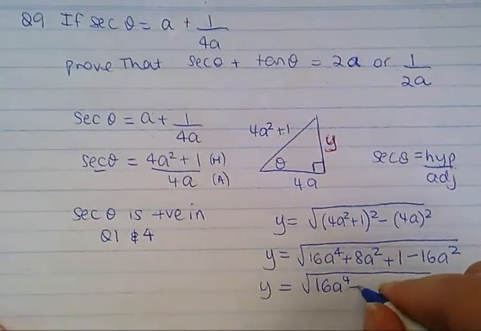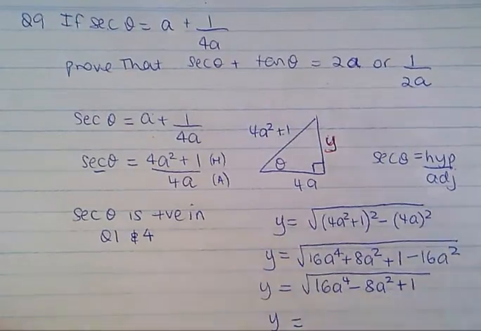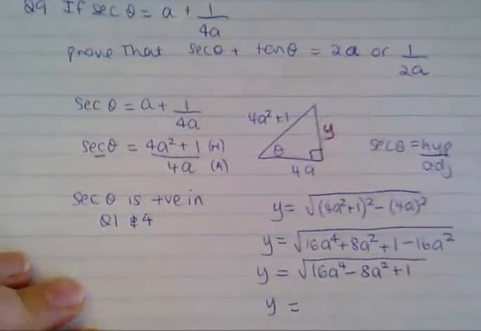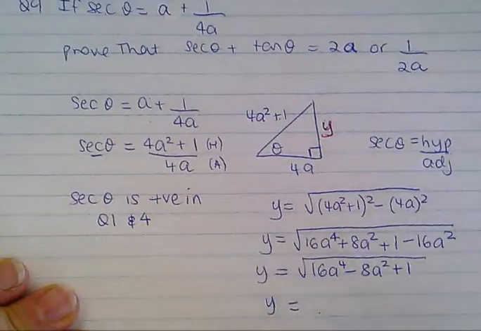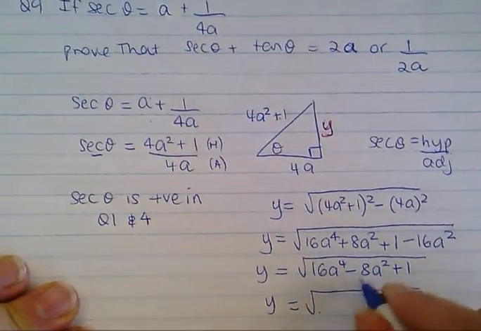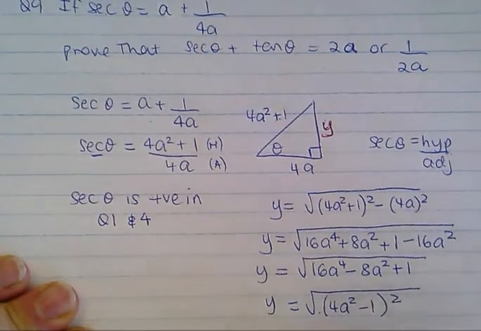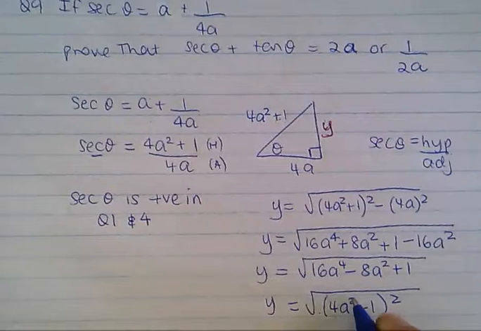So y equals the square root of 16a to the 4 minus 8a squared plus 1. Really hoping that this is a perfect square as well. And I think it is, because this is 4a squared squared and this is 1 squared, and it would have a minus. Let's just try that: 4a squared minus 1, squared. 16a to the 4, minus 2 times that does give me minus 8a squared.